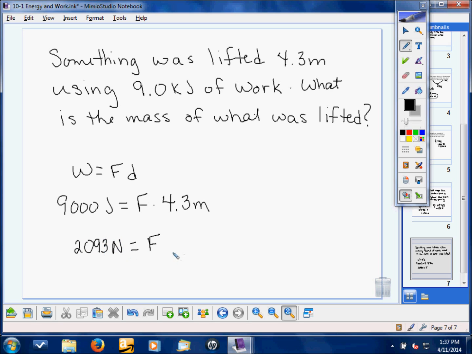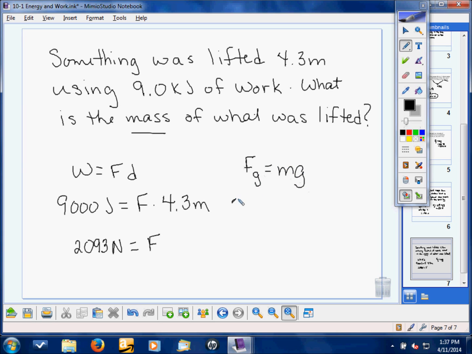Okay, force is in newtons, but we're not there yet because it asks what is the mass. And mass is measured in kilograms. So what we just found here is the force of gravity pulling on this mass, the mass times the gravity. So we just found Fg.